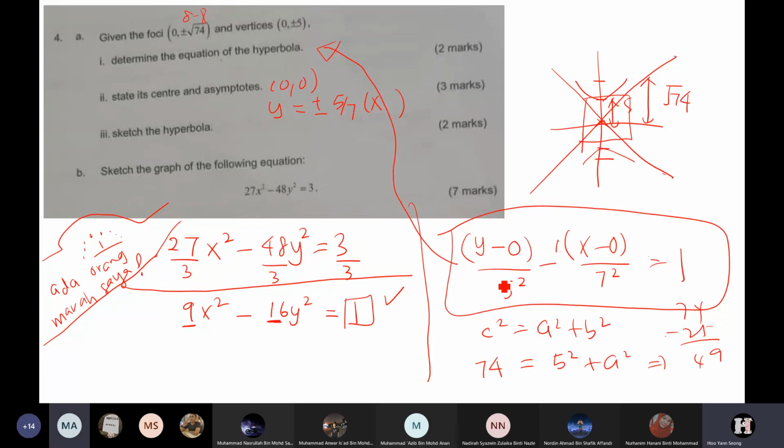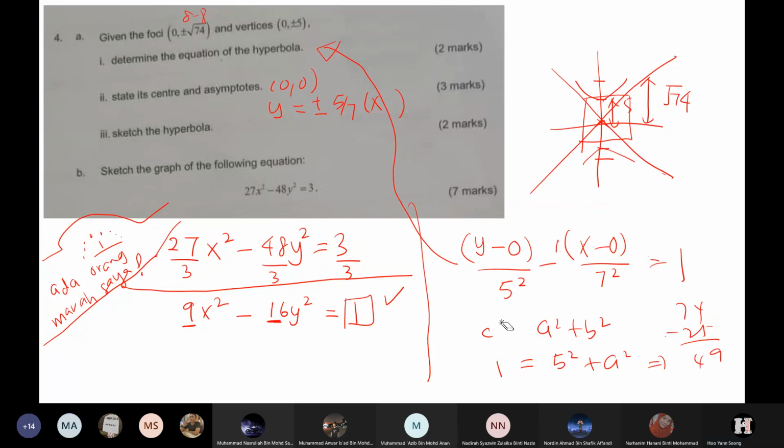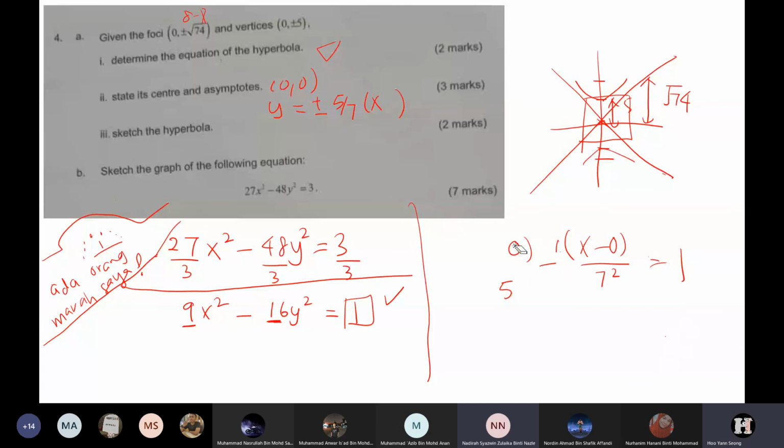So A equals to, contohnya, so what is my A? Cepat. A equals to 3. Betul?